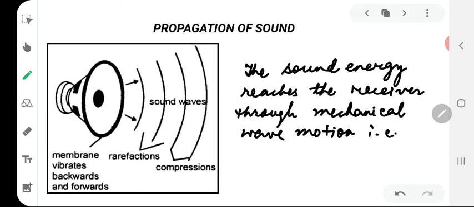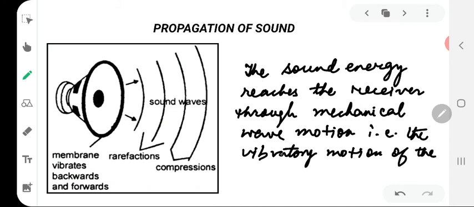This means the vibratory motion of the particles of the medium.